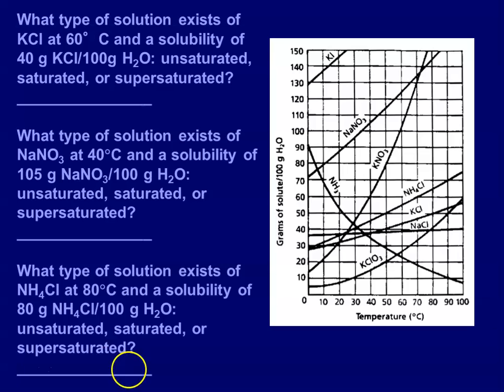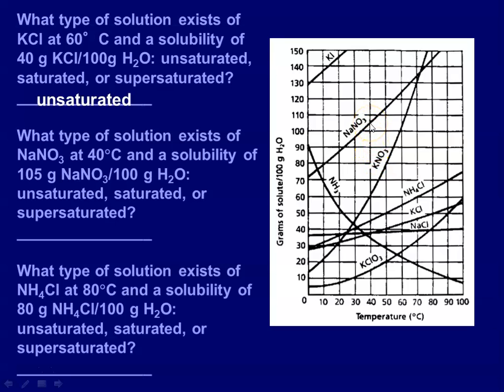So if I look at 60 degrees for KCl, so I'm going to go find KCl at 60 degrees, and I have 40 grams in solution. So I'm going to come back down to 40. I see that that point is below the KCl's solubility curve at that temperature. So as a result, this would be an unsaturated solution. If I look at NaNO3 and I'm at 40 degrees, and I have 105 grams in solution, so I'm going to go up for 40, go find 105.